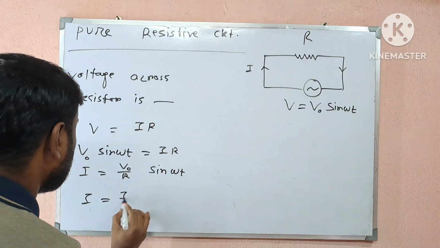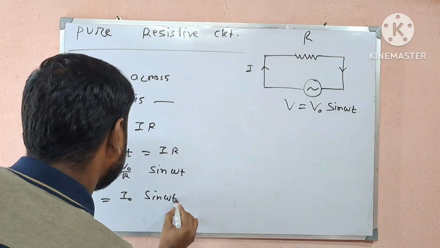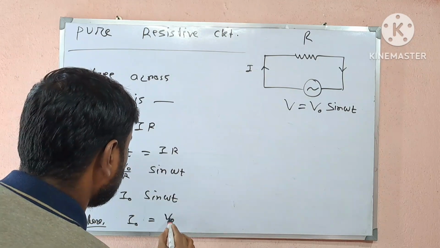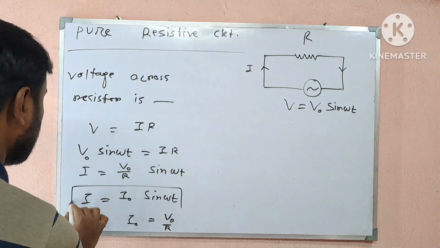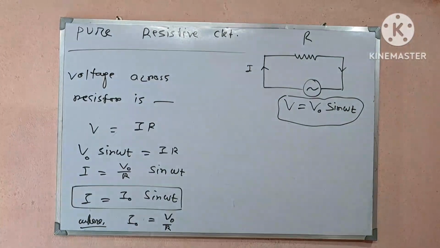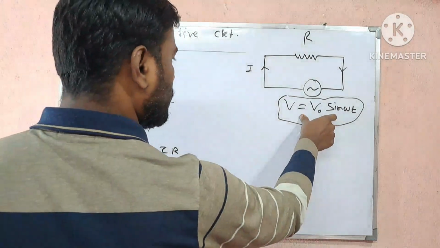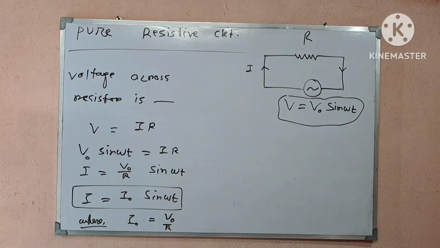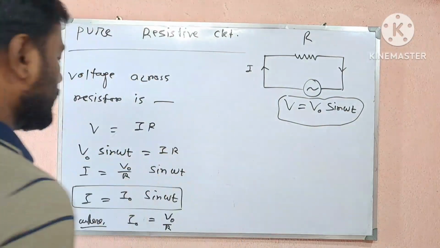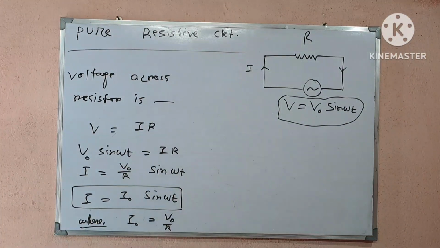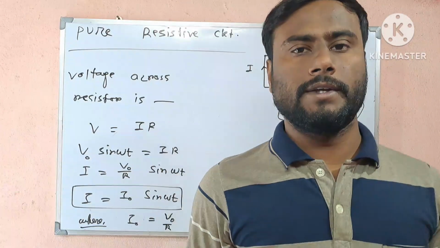So we can write I equal to I0 sin omega t, where I0 is V0 divided by R, and this is the current in the circuit, and that is the applied voltage in the circuit. If you see carefully, the applied voltage is V0 sin omega t and the current is I0 sin omega t, so there is no phase difference between current and voltage. What is the value of the phase difference here? That is 0 degree.